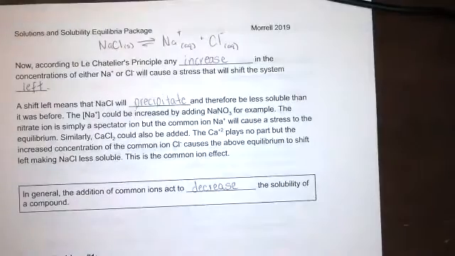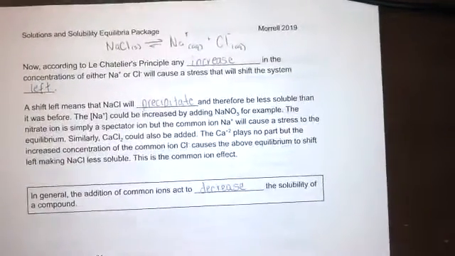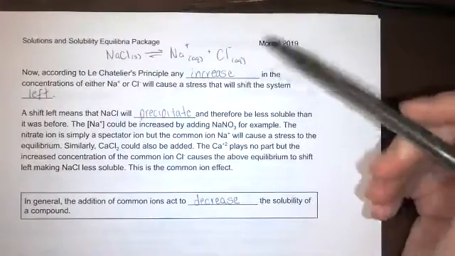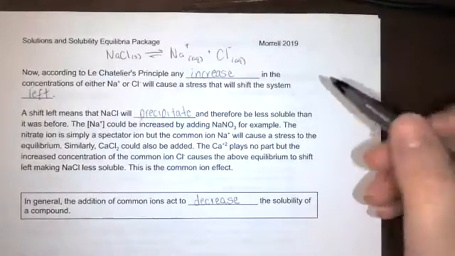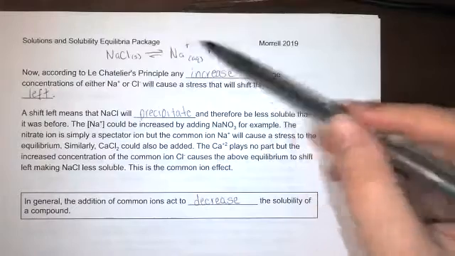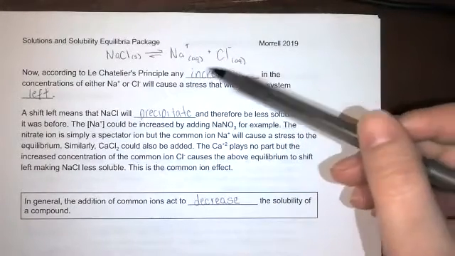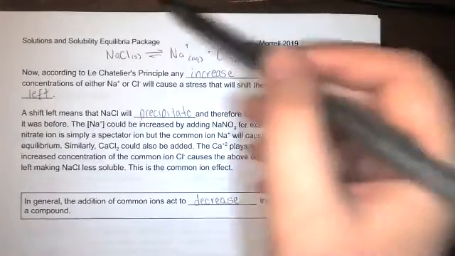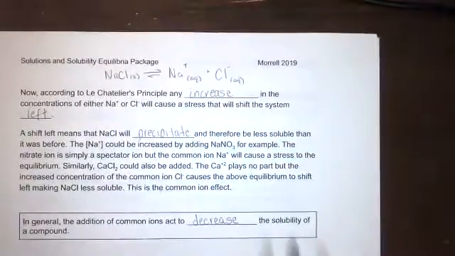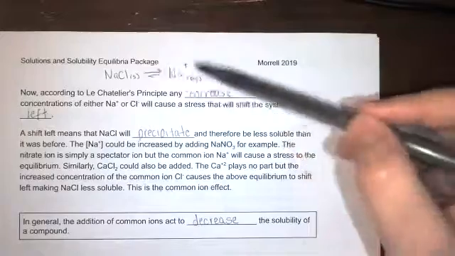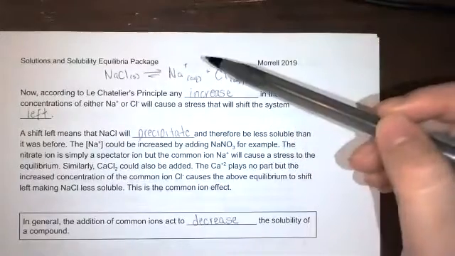All right, now, according to Le Chatelier's principle, I have the equilibrium up here, any increase in the ion concentrations, so our sodium ions or chloride ions, will then cause a stress, which will then have to shift the system to the left in order to get rid of that stress or decrease that stress, right?